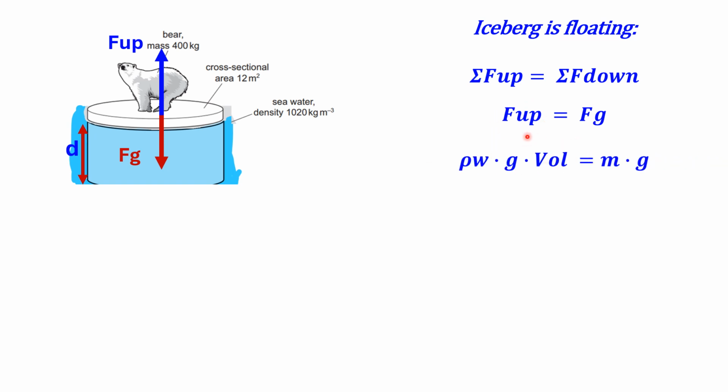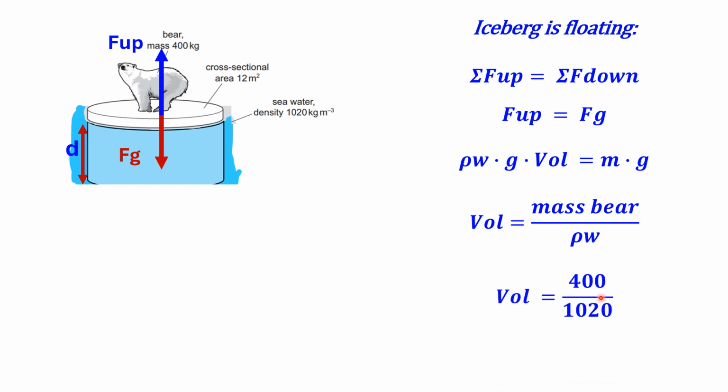Now the formula for F up according to Archimedes' principle is the density of the water times g times the volume displaced, which is equal to the volume of the area submerged, equal to the mass of the bear times g. So the volume of the water displaced, which again is equal to the submerged portion of the iceberg, is equal to the mass of the bear divided by the density of the water, because I cancel both g's.